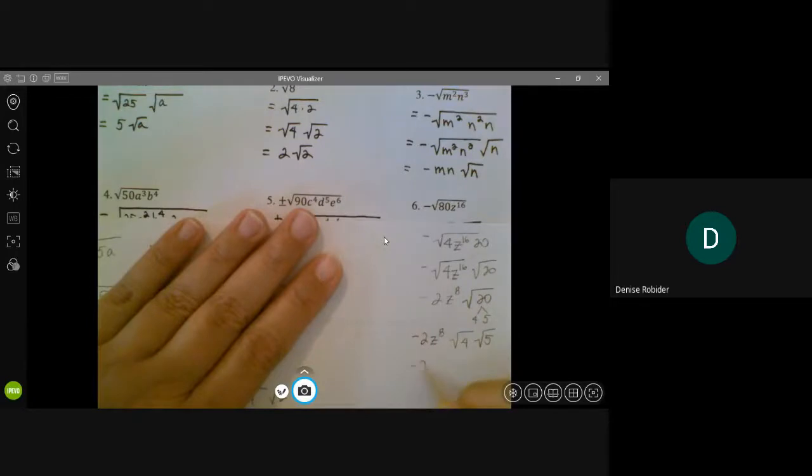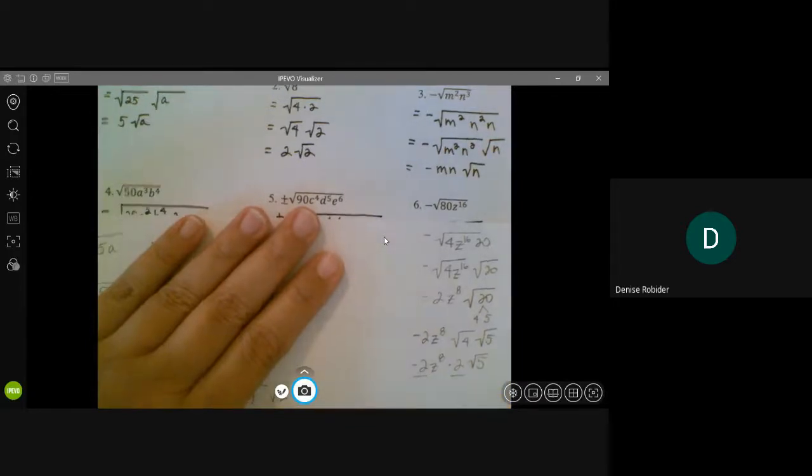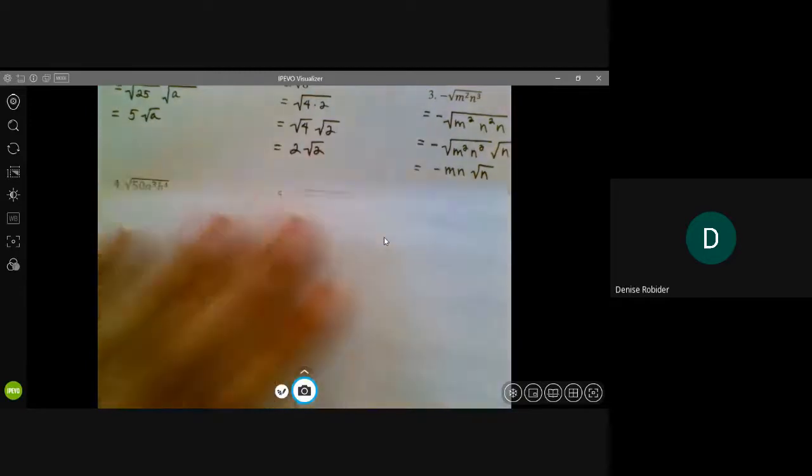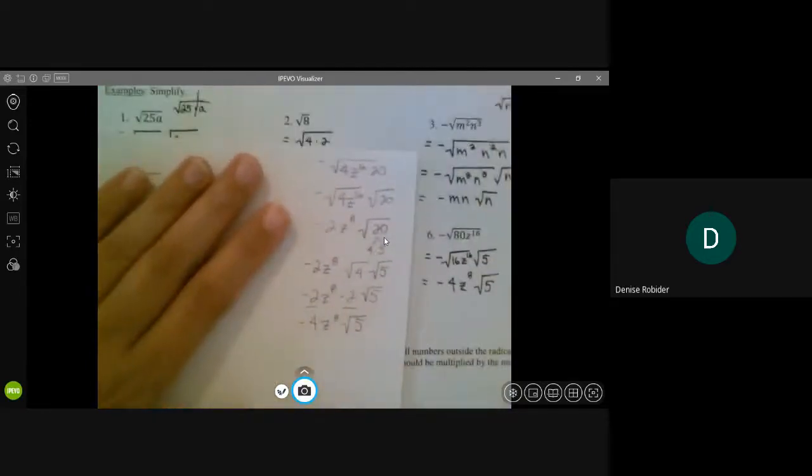So this is negative 2Z to the 8th. The square root of 4 is 2. The square root of 5 is the square root of 5. And now we can multiply these two numbers together. And we get negative 4Z to the 8th times the square root of 5. And that is the same answer that I got there.